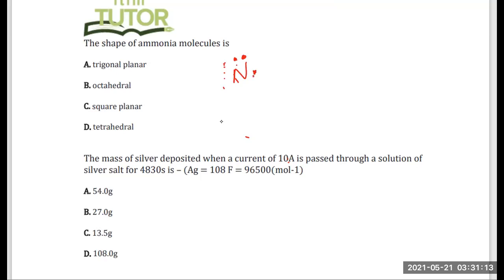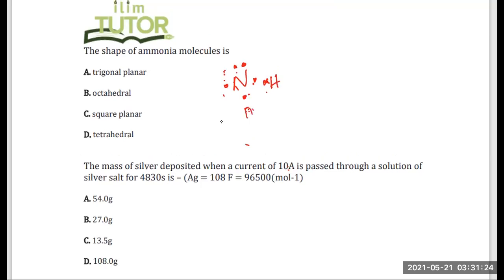So if ammonia should react with hydrogen, hydrogen is sharing one with one of the molecule, sharing another one here, sharing another one here. So when I have this, these are bond pairs of electrons. I have only one lone pair. So basically, if I draw, this is what I'm having.